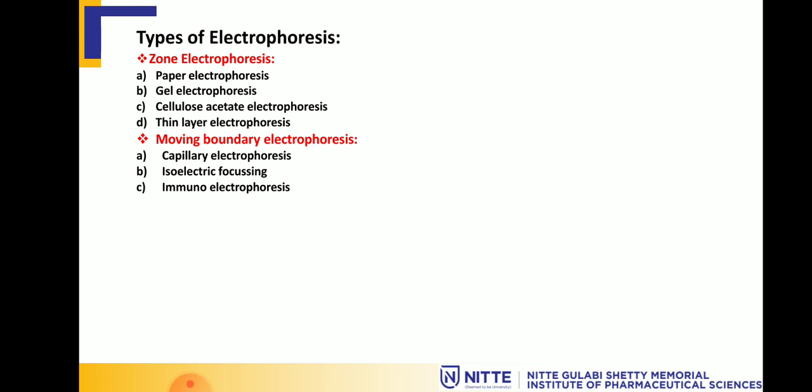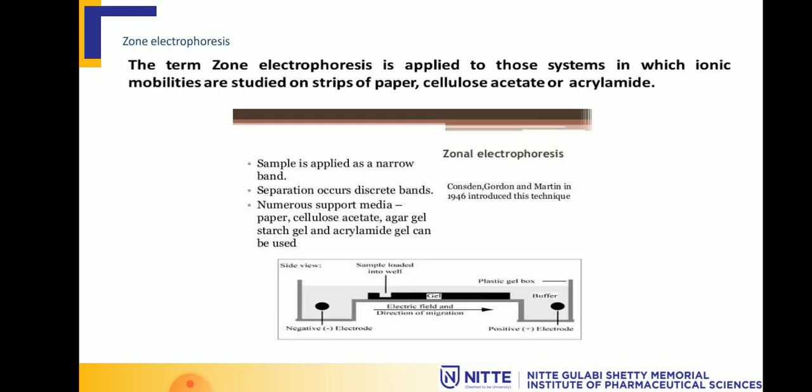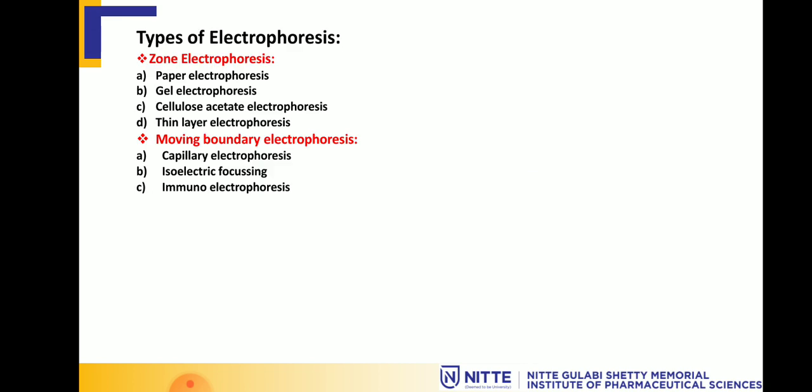Among these four, you need to study only two: paper electrophoresis and gel electrophoresis. In moving boundary electrophoresis, here I have talked about three different types, but you need to know only one type, that is capillary electrophoresis.